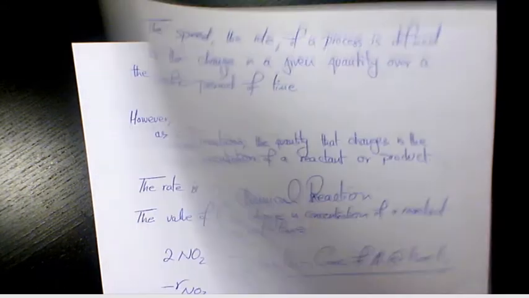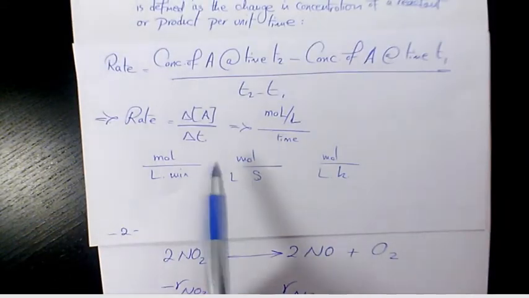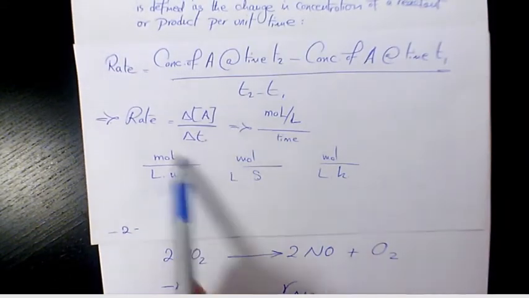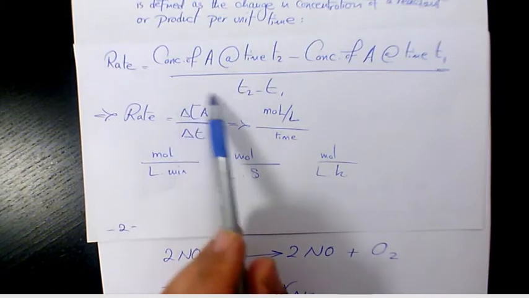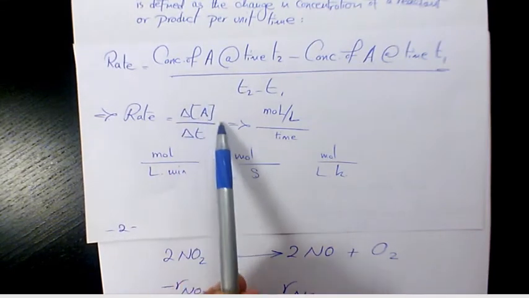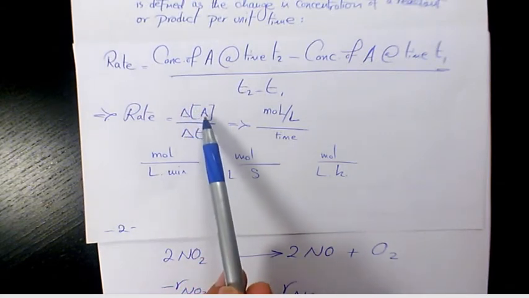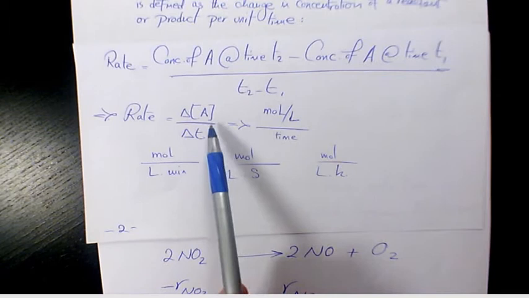So this rate, or this delta C over delta T, is going to be sometimes positive, sometimes negative. If we are talking about the reactant, it is going to be negative. If we are talking about the product, it is positive.